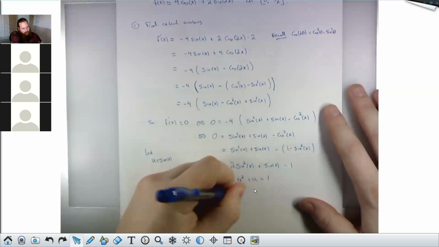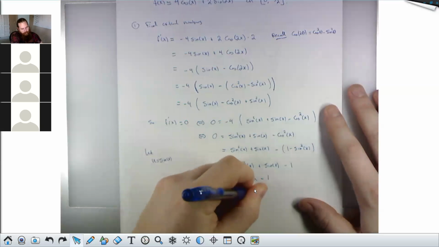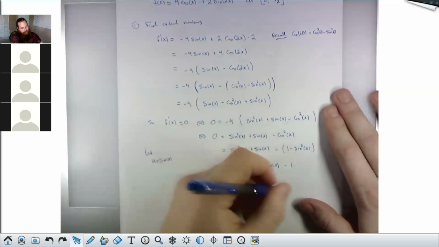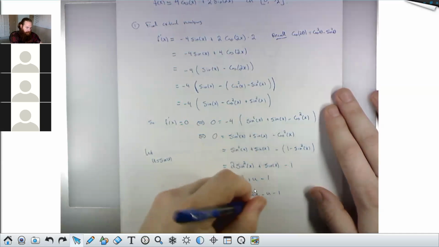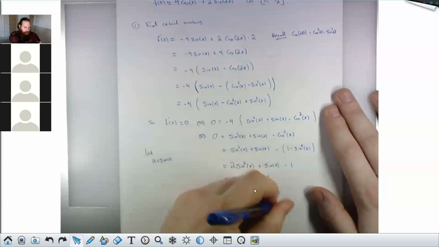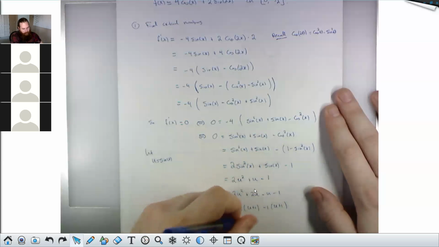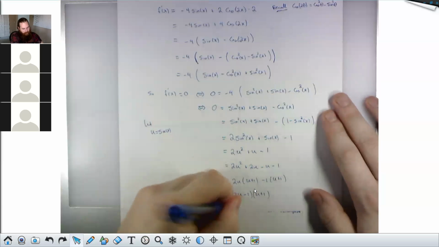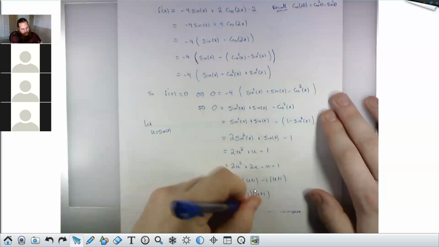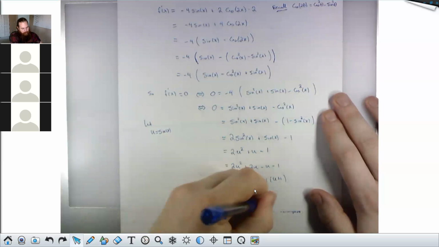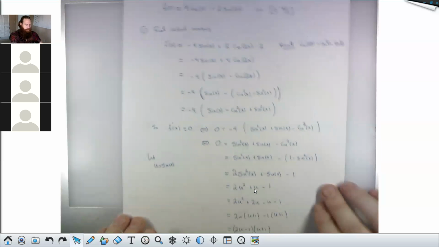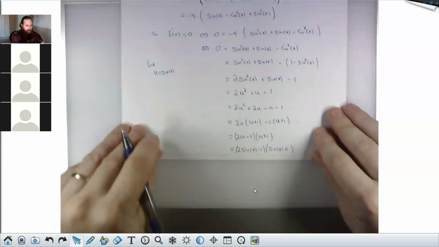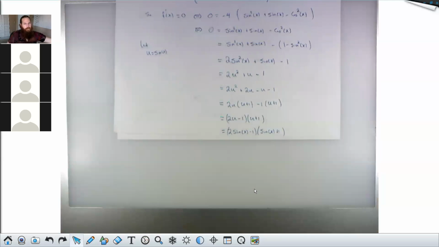So I can rewrite this as 2u squared plus 2u minus u minus 1, and then factor by grouping. So that's 2u minus 1 times u plus 1, which is 2 sine x minus 1 times sine x plus 1. So there is my derivative set to 0, factored nicely.